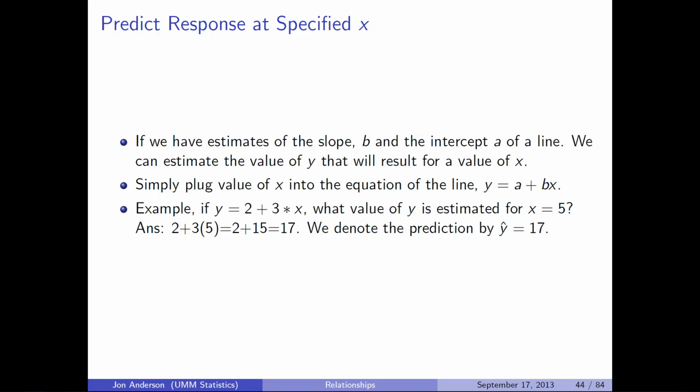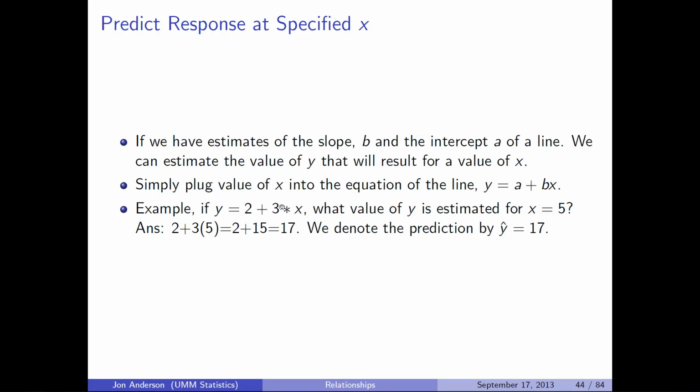is predict what the response value is going to be for a particular value of x. And so what you do is you use the equation of the line and you plug in the value of x that you're interested in. Here in the third bullet, you can see we've got an equation that summarizes the y variable to be an intercept of 2 plus a slope of 3 times the value of the predictor.